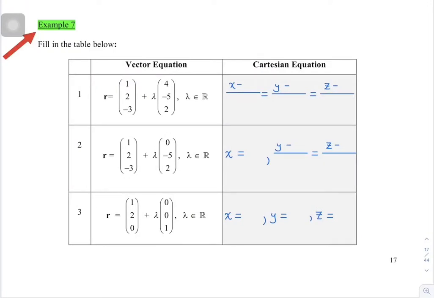Now let's convert the vector equation to the Cartesian equation directly. For the component 1, 2 and negative 3, we are going to place it over here, and for the component 4, negative 5, 2, we are going to place it over here.